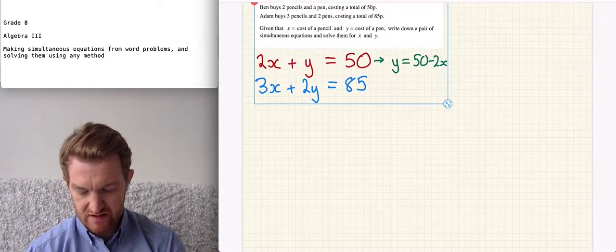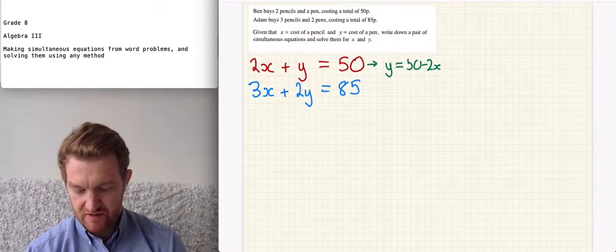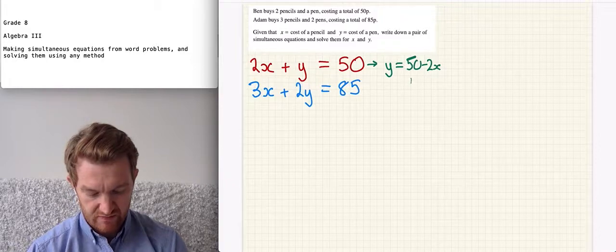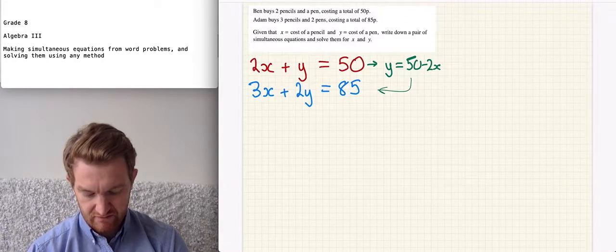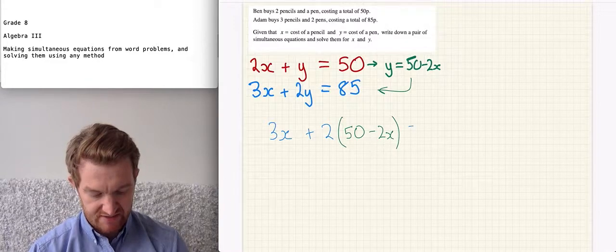So we can substitute our new equation into the blue one, which will give us 3x plus 2 lots of 50 minus 2x is equal to 85.